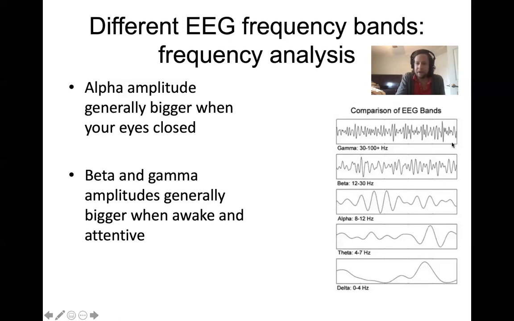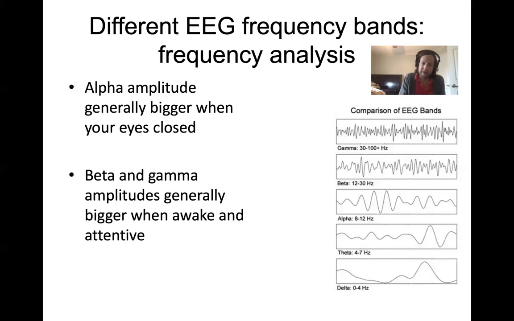And then gamma, which is basically the highest you'll find anyone ever talking about in the brain, where there are 30 to 100 waves per second, which is a lot. 100 waves per second means basically a peak and trough every 10 milliseconds, a 100th of a second. So in gamma, the waves are going really fast inside that EEG trace. In theta or delta, the waves are moving very slowly.